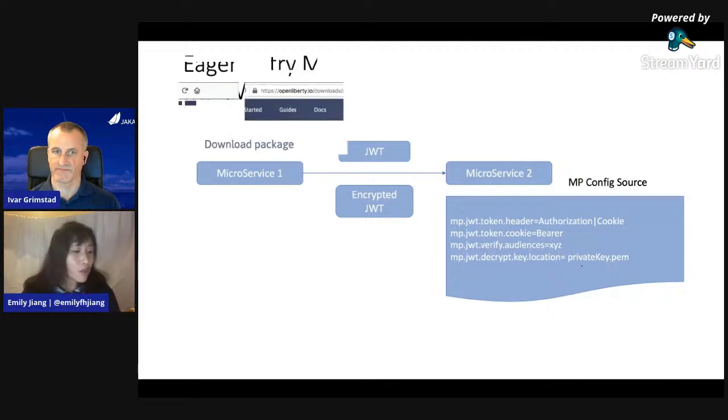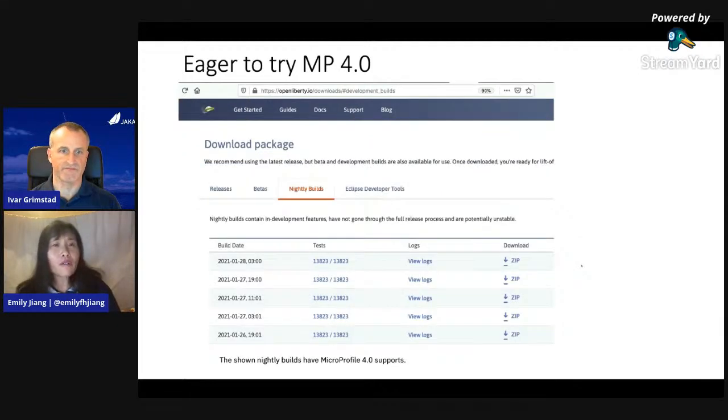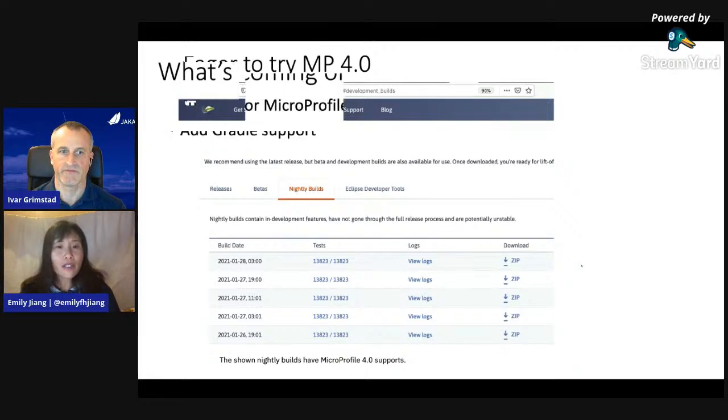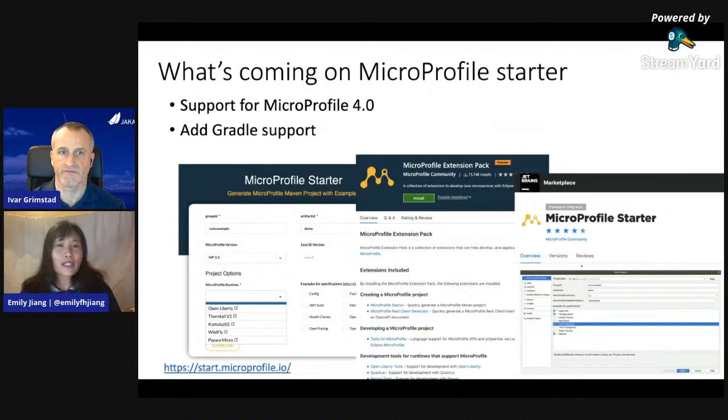So that's a quick run through MicroProfile 4.0. If you want to try, as I mentioned earlier, you can use the Liberty nightly build or beta and try it out. Also, as you may know, if you want to get started with MicroProfile, we have a starter.